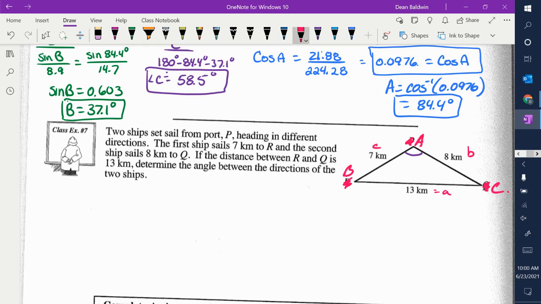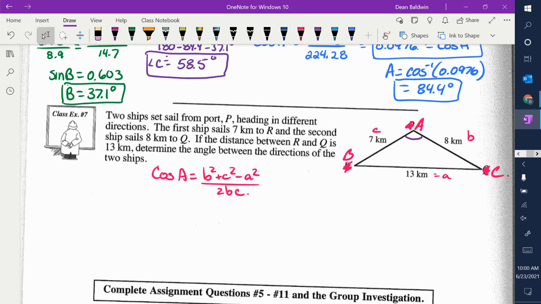We want to find the angle, so it's cos of A, b squared plus c squared minus a squared over 2bc. And then just plug in everything again. The only thing is you have to get A right. But B and C don't actually matter if you switch them.